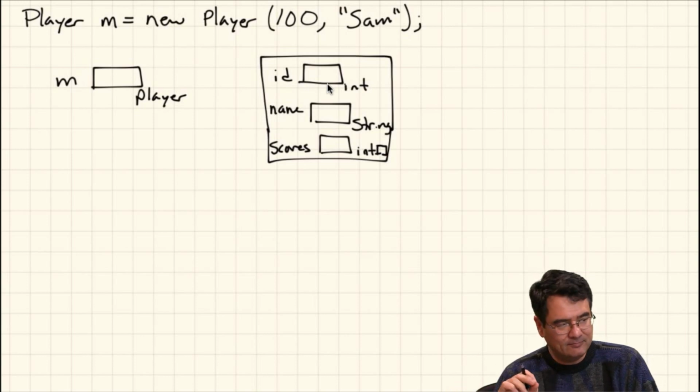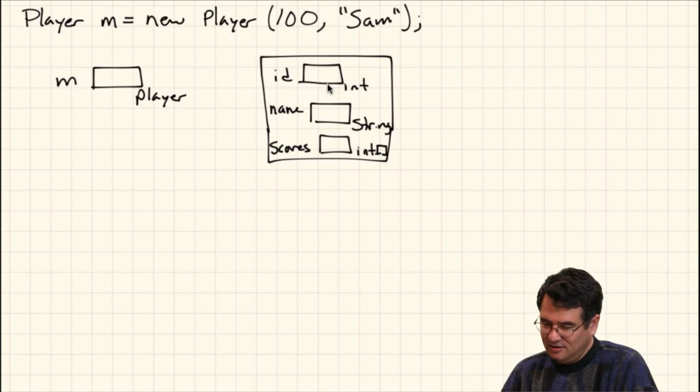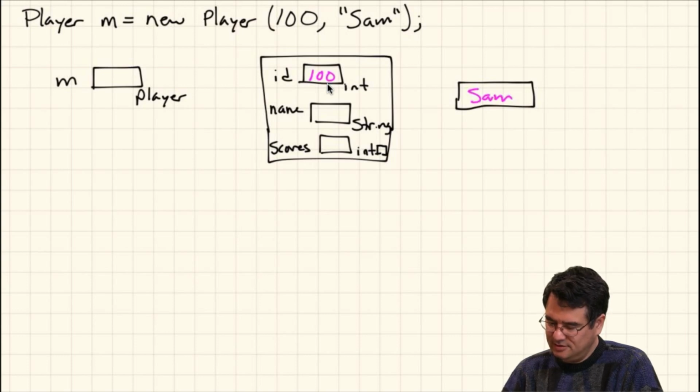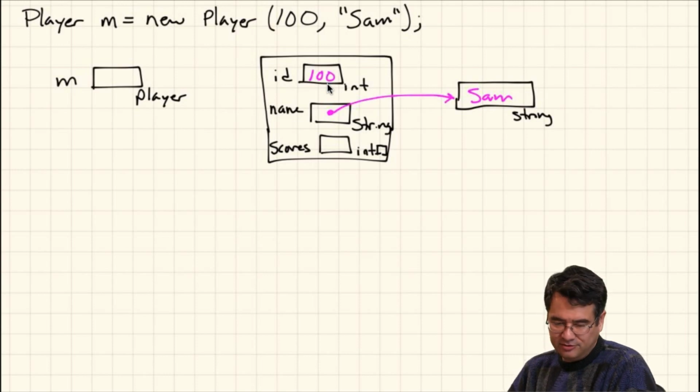Okay, but in this conceptual model, the ID number 100 does indeed get stored there, but what goes inside of this? Okay, Sam doesn't go here. Sam is actually stored out here somewhere. So here's Sam, and it's a string. And then what goes inside of name is a pointer to it.